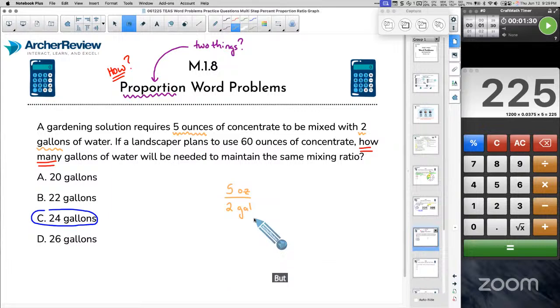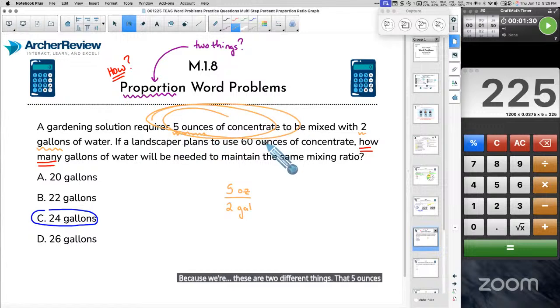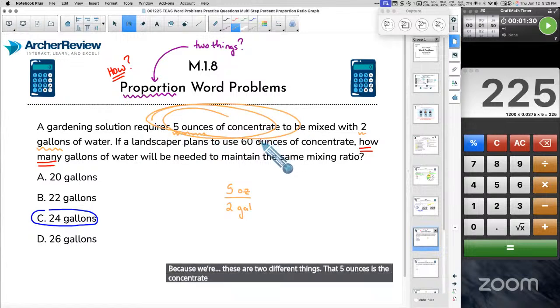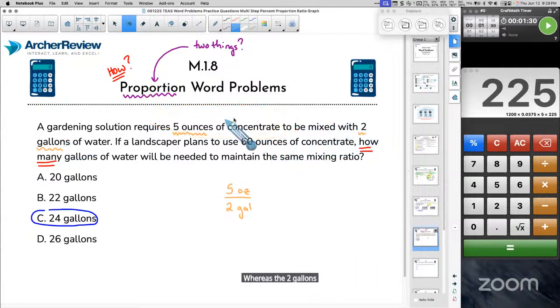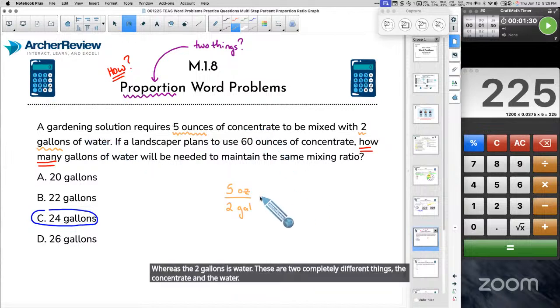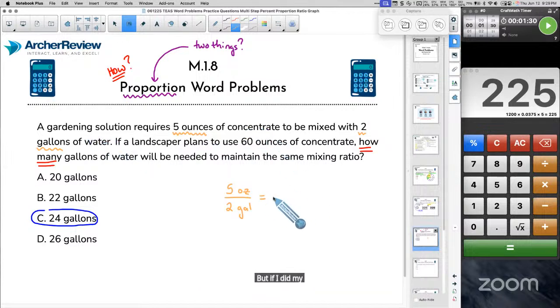But we're not doing a conversion here. We're not converting fluid ounces to gallons because these are two different things. That 5 ounces is the concentrate, that gardening solution, whereas the 2 gallons is water. These are two completely different things. But if I did my proportion like that, proportions do have an equals in between them.